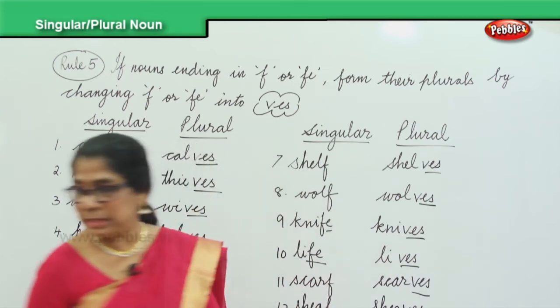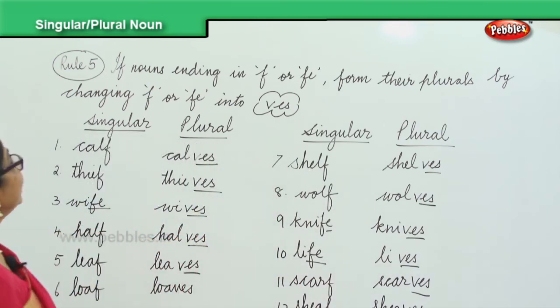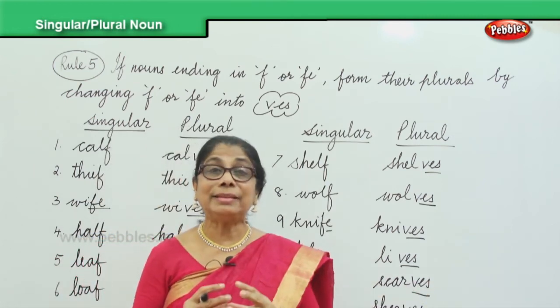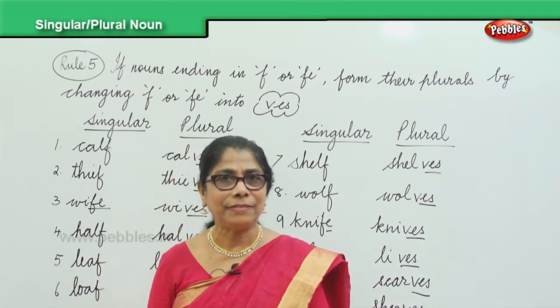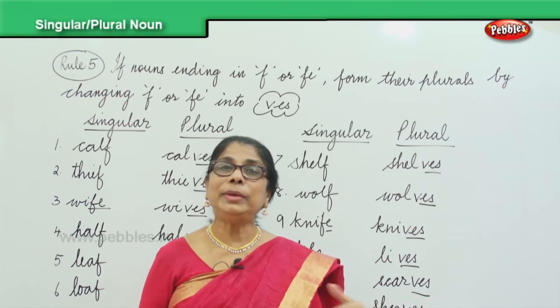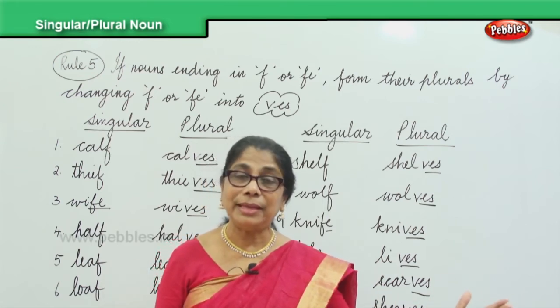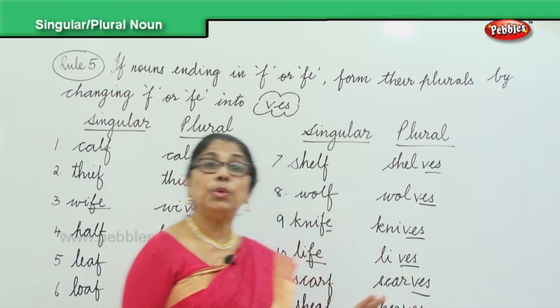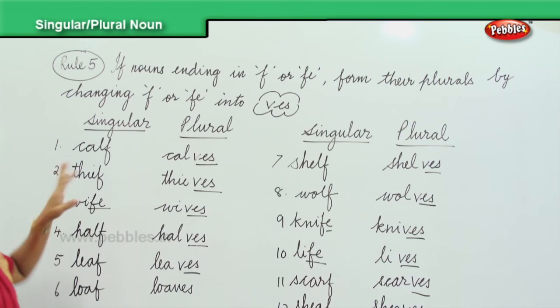Now, in all these, rule number 5: to form the plural form, if there is a noun ending in F or FE, we change the F and FE and simply add VES to form the plural form. And that's what we are looking at.